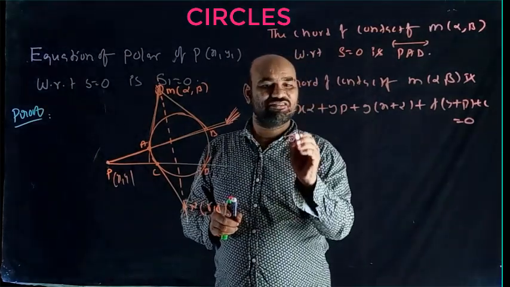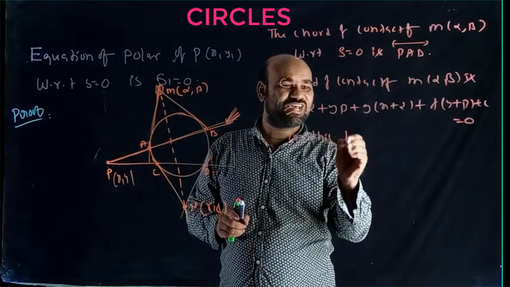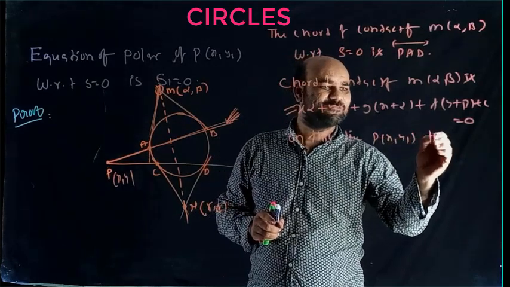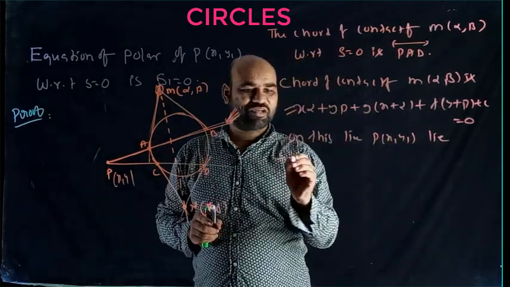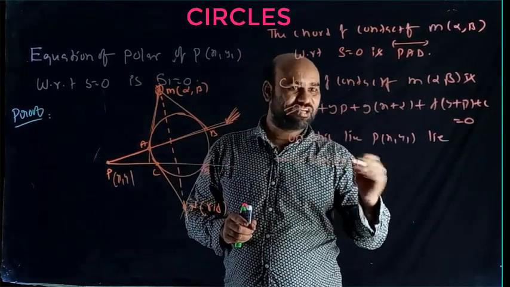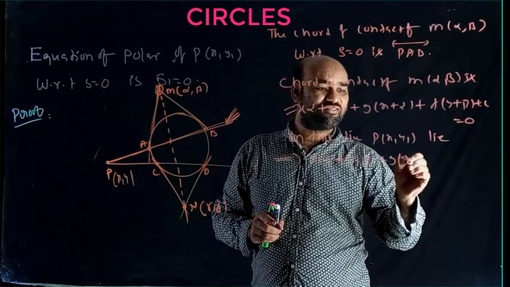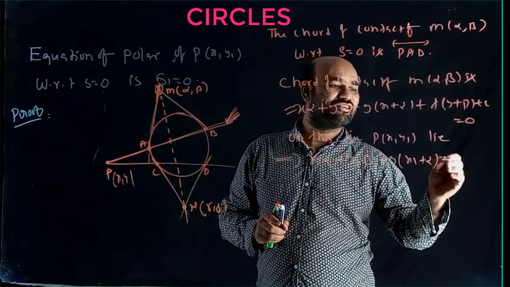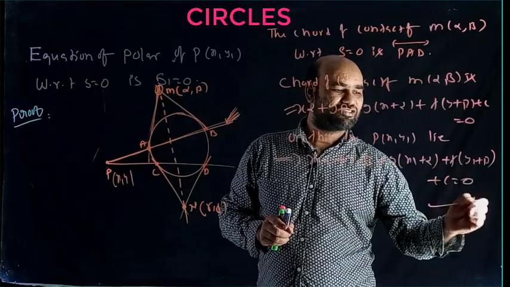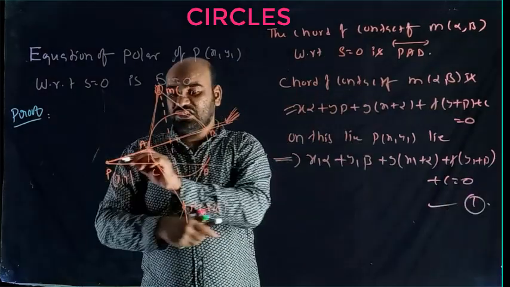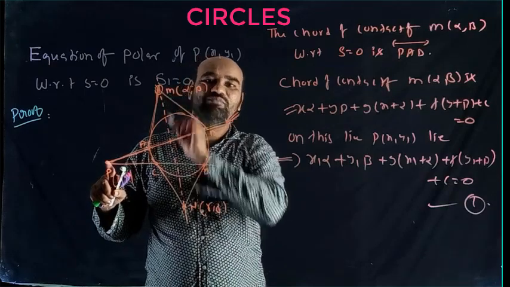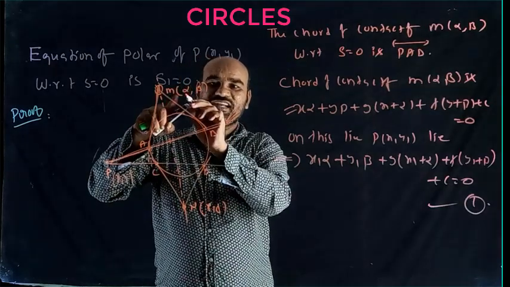So on this line lies P(x1, y1), which implies x1 alpha + y1 beta + g(x1 + alpha) + f(y1 + beta) + c = 0, equation number 1. This line is the chord of contact for the point M. M is treated as (x1, y1).